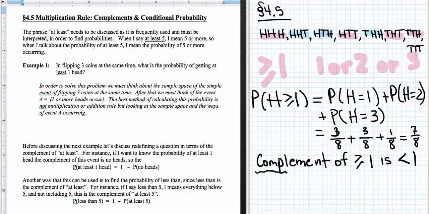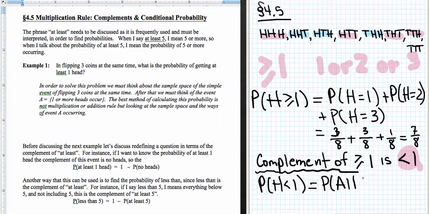And being less than 1 head, that's really the probability of them being all tails. That's another way of looking at that, isn't it?